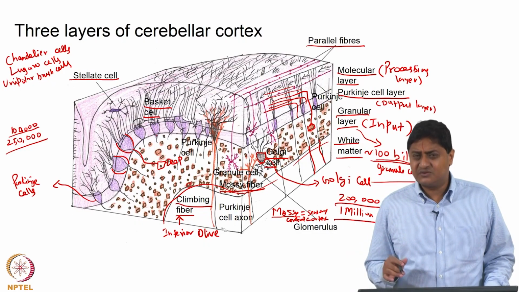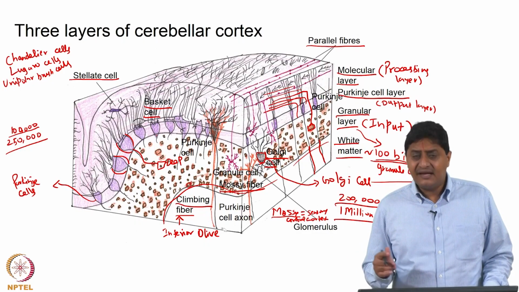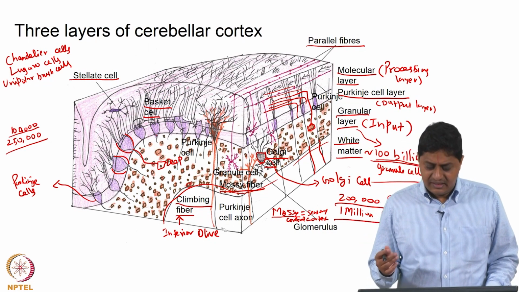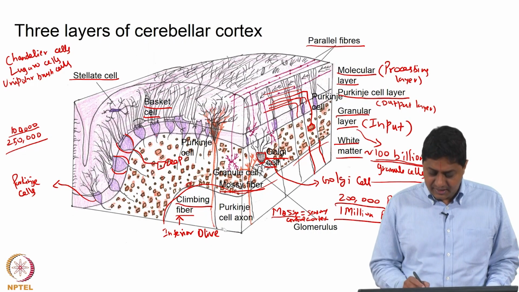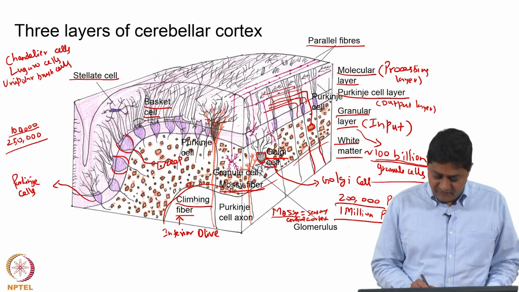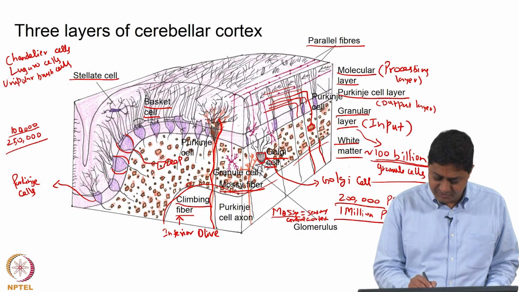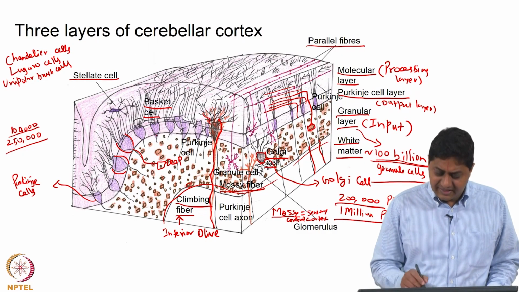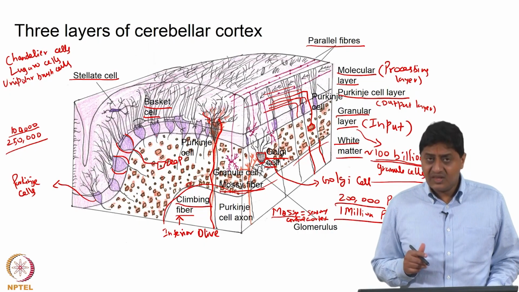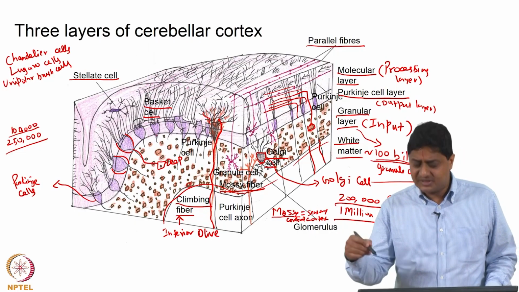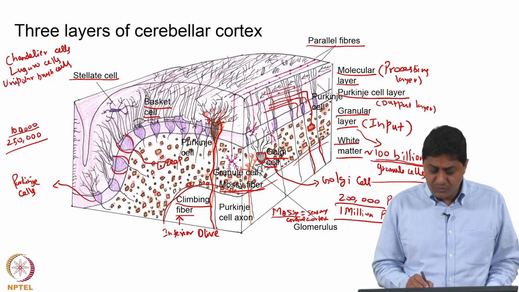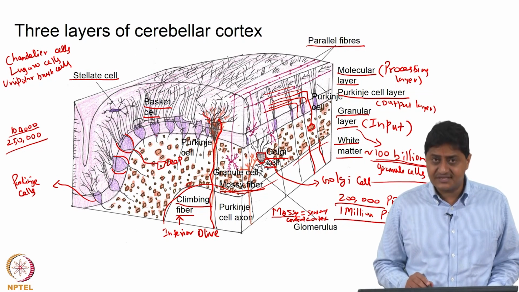They do not project to the granule cells, but rather they directly control the action of the Purkinje cells by making synapses with multiple dendrites of Purkinje cells, like it has been shown in this picture. So, they climb over the Purkinje cell body and dendrites, and they make multiple connections, and they do not project to the granule cells.